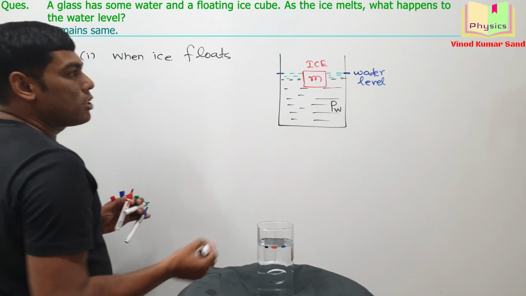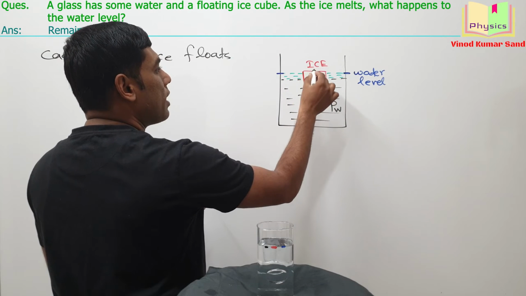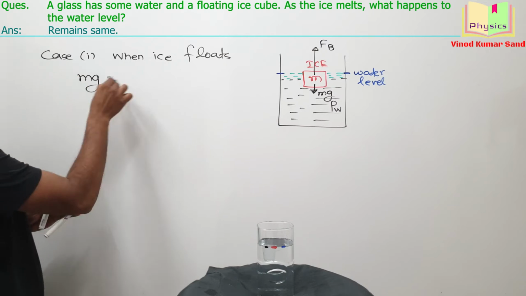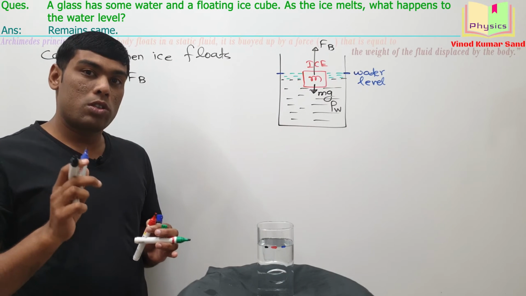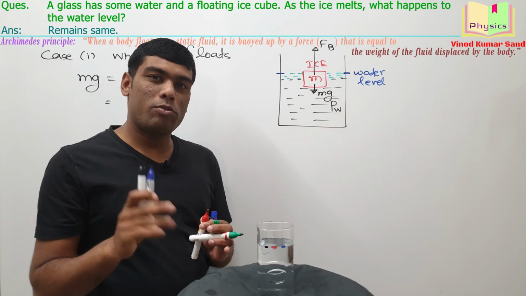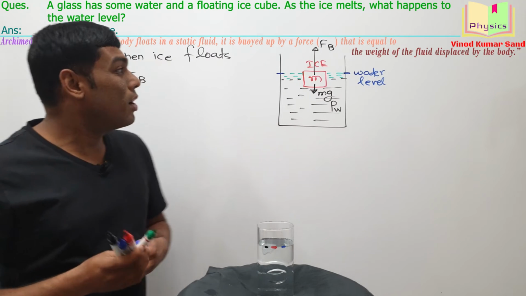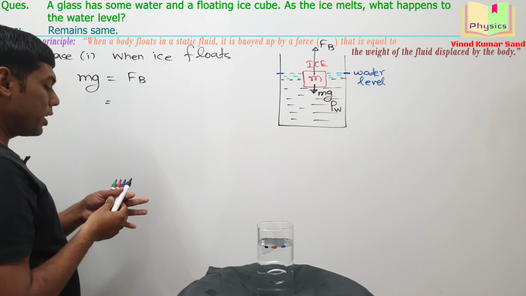Initially, since the ice cube is floating, we can write that mg of the ice cube is balanced by the buoyant force. According to the Archimedes principle, the buoyant force for a floating object is equal to the weight of the fluid displaced. I hope you remember that principle. So I'm going to write the weight of the fluid displaced by the floating ice.